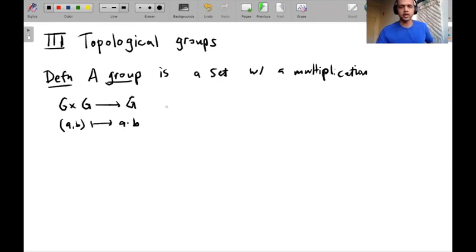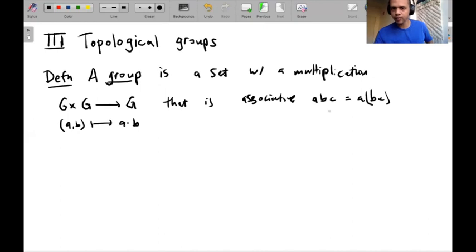And this multiplication should have a few properties. So it should be associative. Which is to say (AB)C is A(BC), independent of how you parenthesize it.